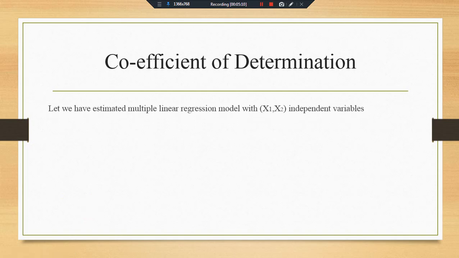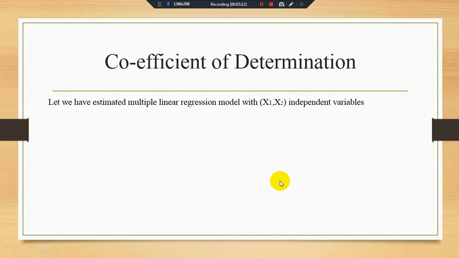Let's discuss the formula for the coefficient of determination. Let we have two independent variables x1 and x2, and the estimated regression line y hat equal to a plus b1 x1 plus b2 x2. With the help of this estimated regression line, we can find our coefficient of determination, r square.